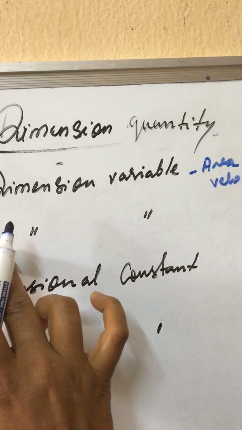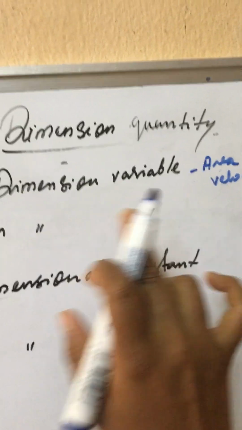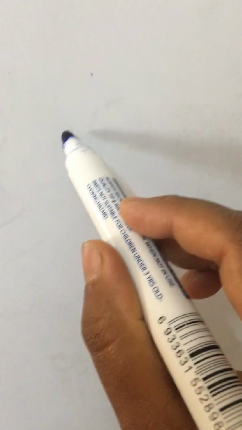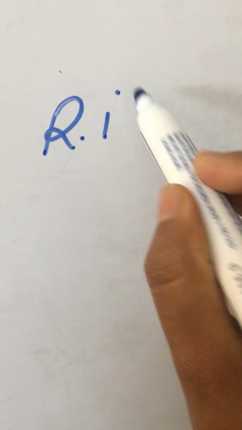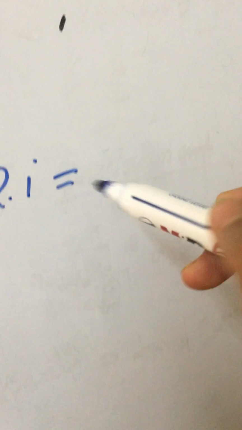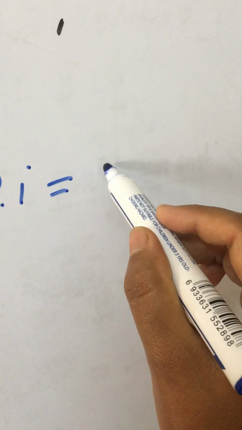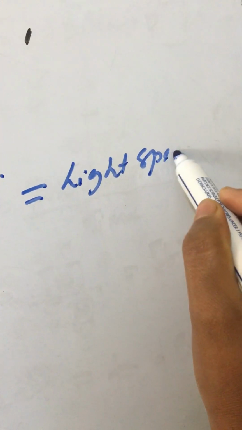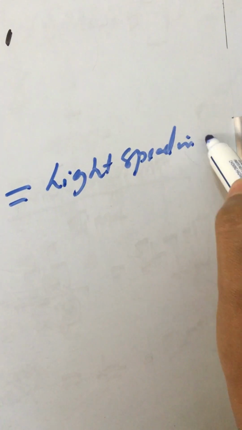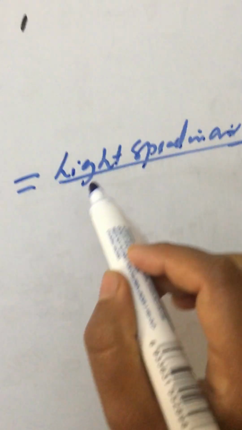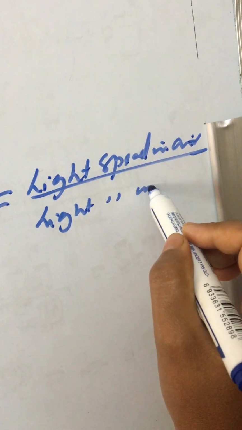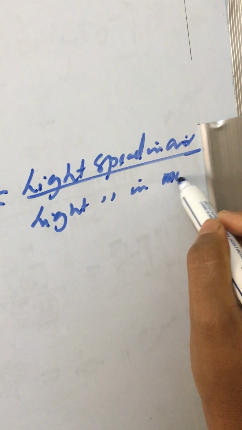Now coming to non-dimensional variable. In class 10, you learned something called the refractive index in the light chapter. Do you remember that? Refractive index is the light speed in air to that of light speed in that medium, right?